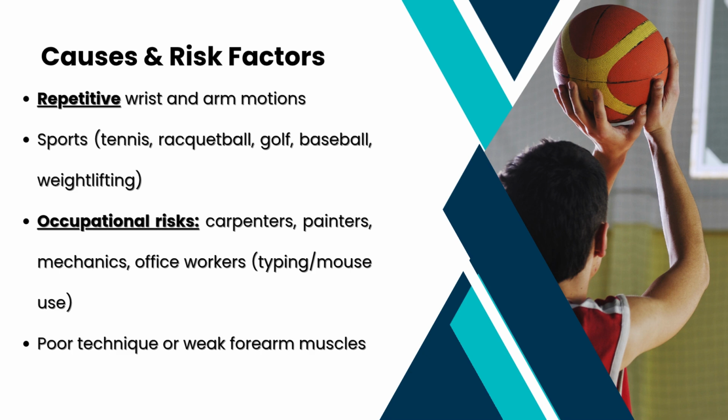As a result, you have weak forearm muscles that come into play with poor technique, or just repetitive technique, and you don't have the strength in those muscles to build up some resilience. So the breakdown after use is something you continue to experience pain with.